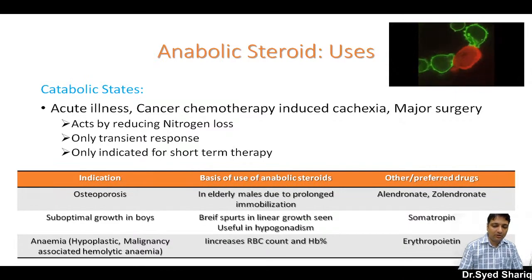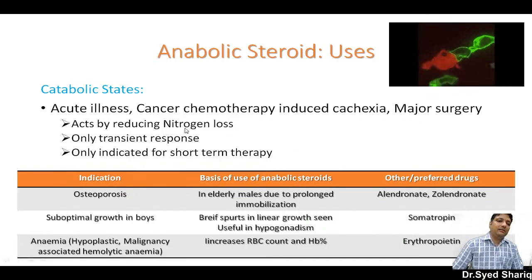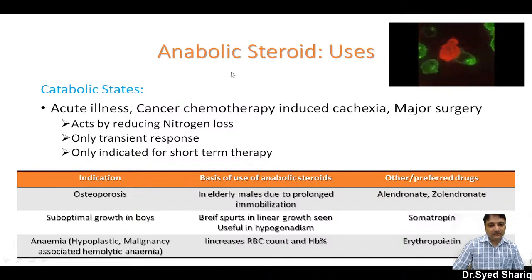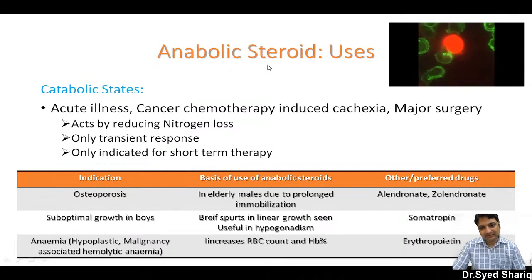If these drugs are contraindicated, then maybe anabolic steroids can be given. Although the mainstay of treatment of cancer chemotherapy induced cachexia or cachexia of major surgery, you can go for anabolic steroids. It's a wonderful drug for these conditions.